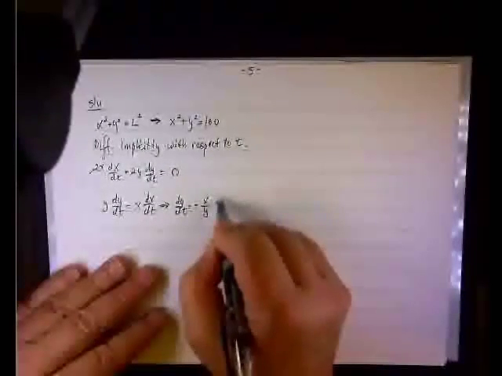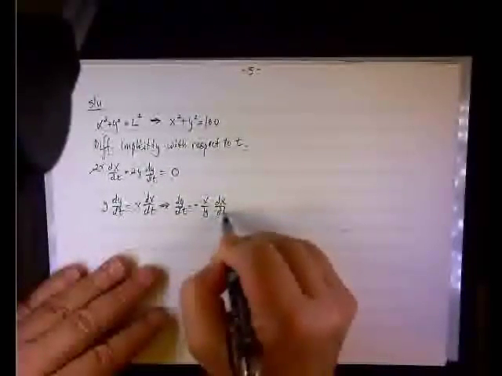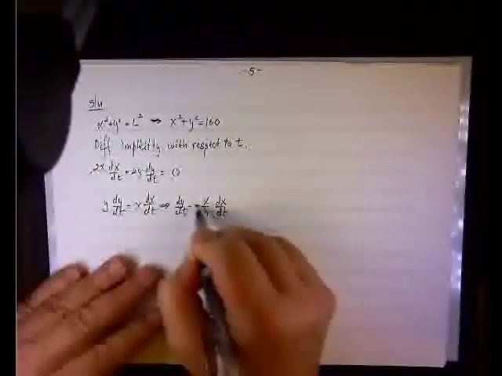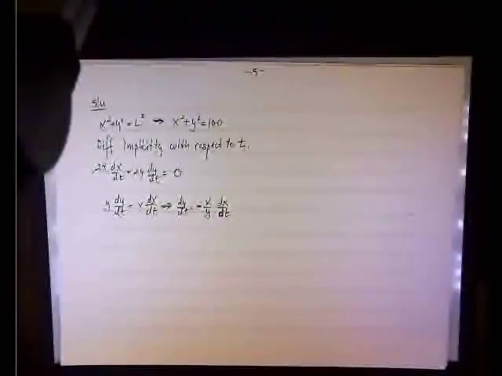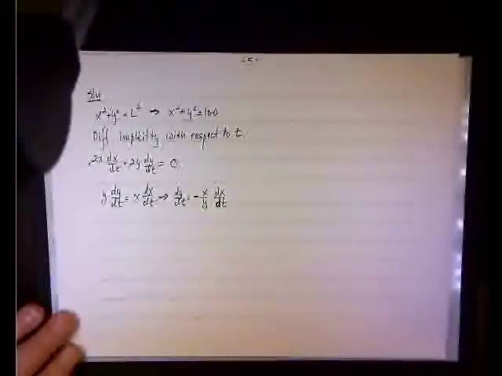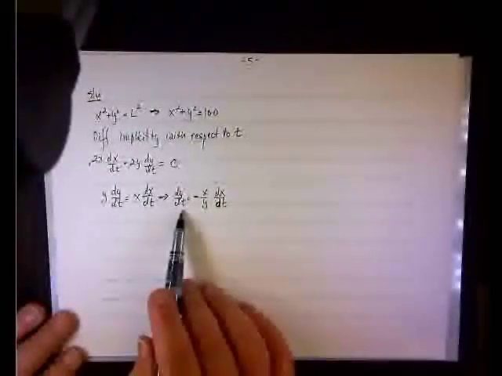And I think we saw this result before. Remember when we learned implicit differentiation, we looked at the circle, which has x squared plus y squared equals r squared.